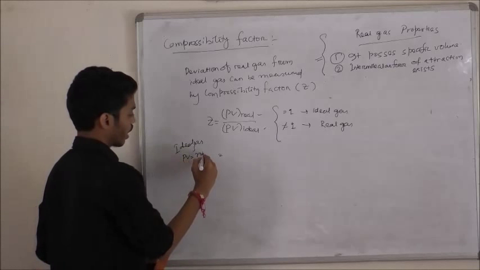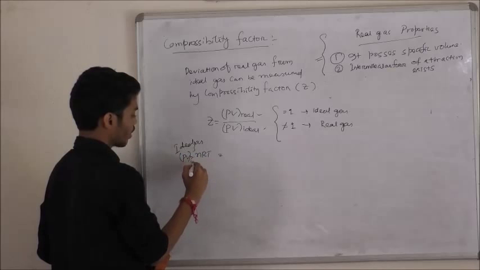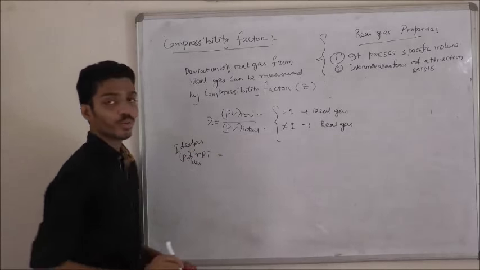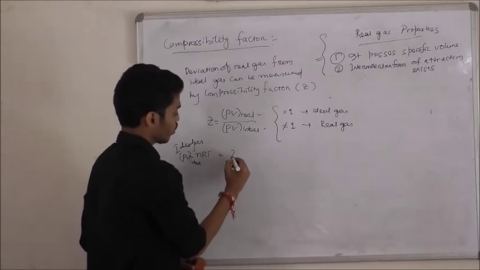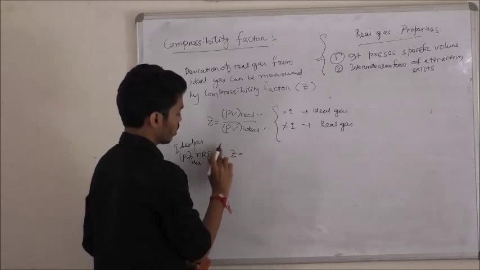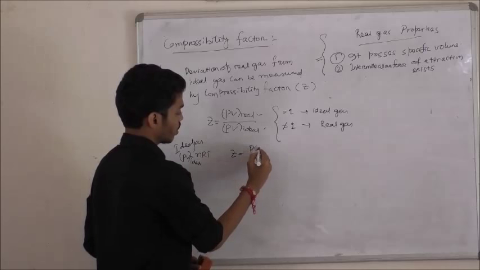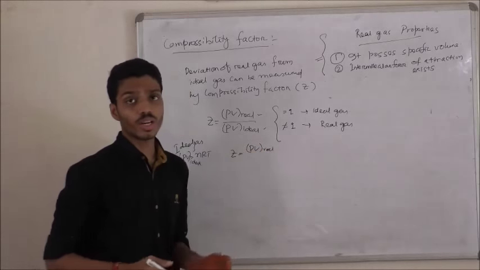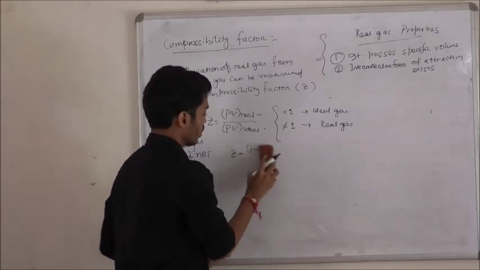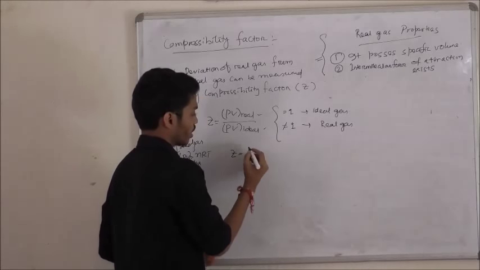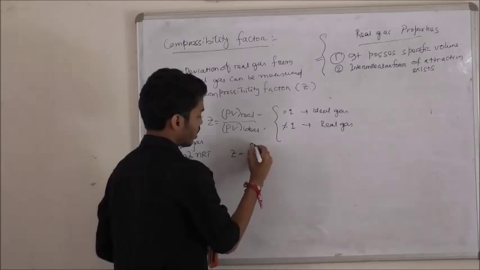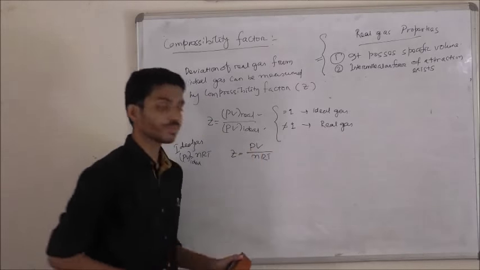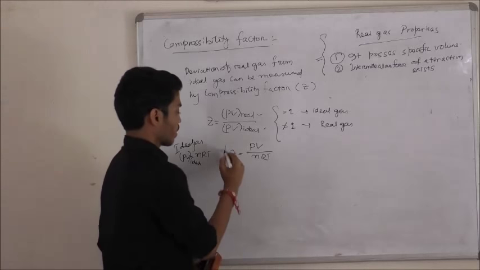Now, according to ideal gas, PV is equal to nRT. This is PV for ideal gas, this is PV ideal. So we can write nRT instead of PV ideal. So Z is equal to PV real, or simply PV, because we are writing nRT in the denominator. So Z equals PV upon nRT.